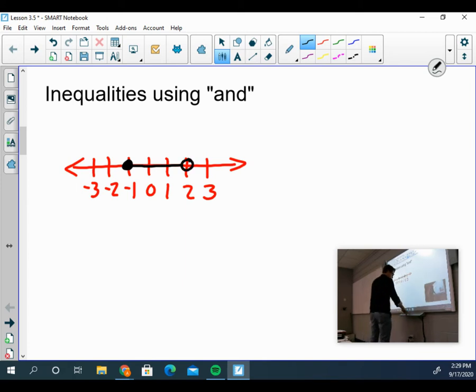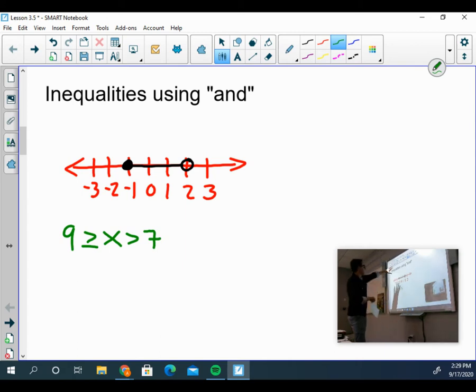And then over here, I'm going to give you the inequality, and you are going to come up with the graph. So pause the video right now, figure out the inequality for the red graph, and then come up with a graph for the green inequality.